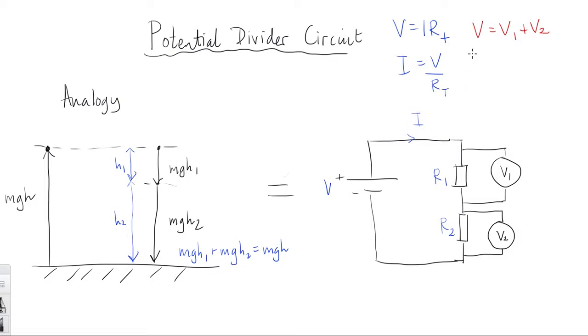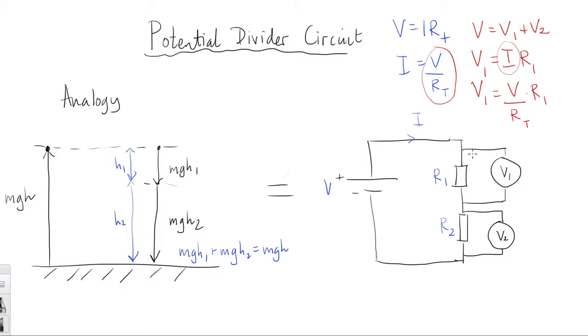We also know that V1 is the current times resistance 1. So therefore, if we substitute with this I in here, we get V1 equals V over R total times R1.